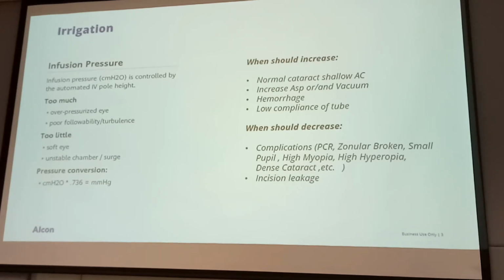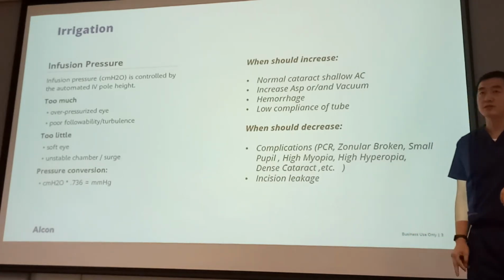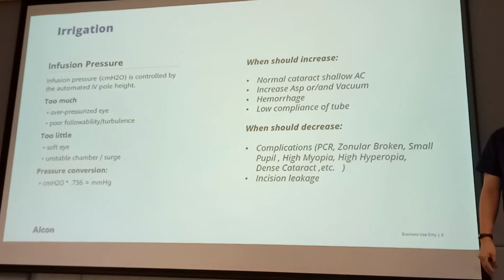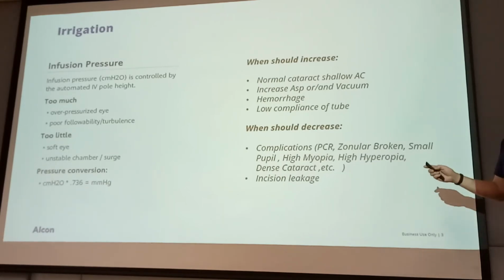You cannot easily attach to the small pieces. So when facing leakage, lower the irrigation and solve the leakage problem. Sometimes we do have edema of the incision a little bit, and sometimes we use OVD. Okay, so this is about irrigation.